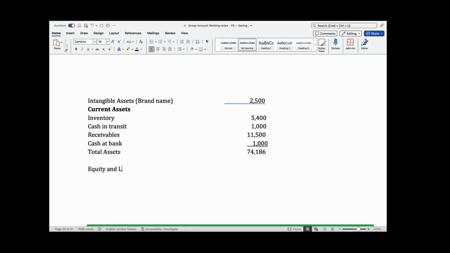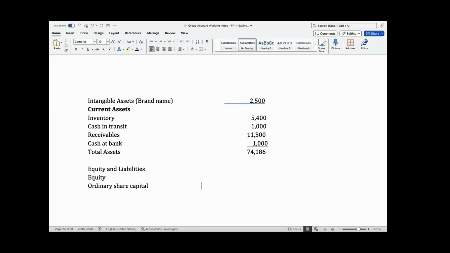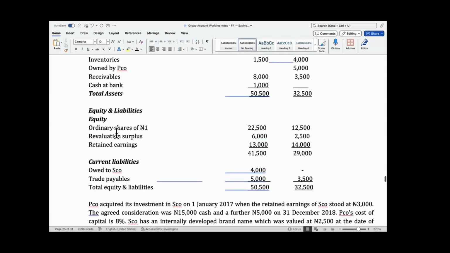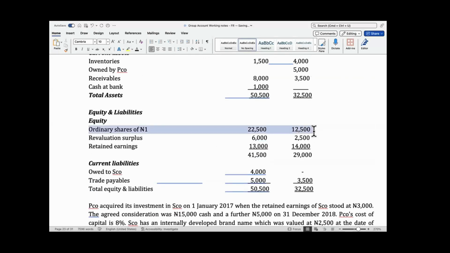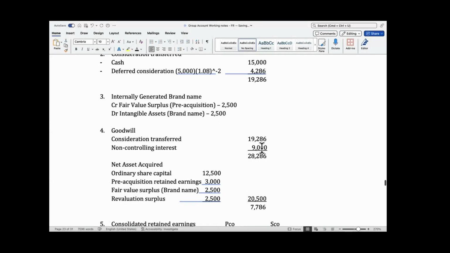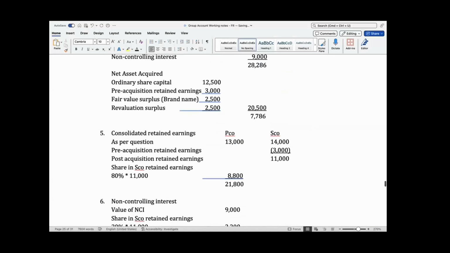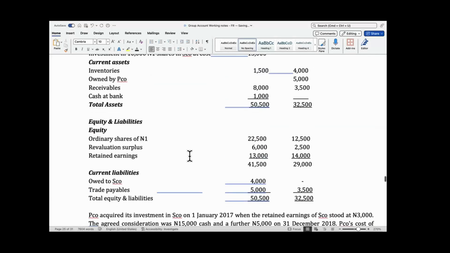So compare that to my equity and liabilities. Equity. Start with my ordinary share capital. What was the ordinary share capital? This has been cancelled out, so we're only left with 22,500. Then the next, revaluation surplus.